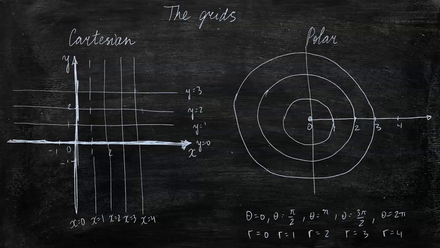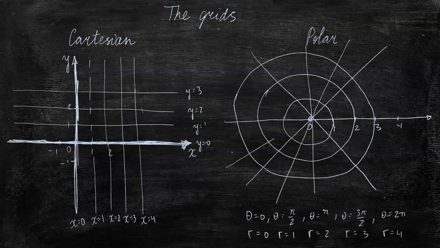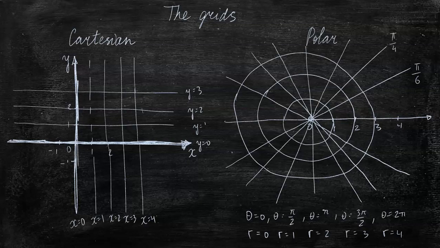So this will be pi over 2, this will be 0 and pi, this will be pi over 4, 3 pi over 4, or negative pi over 4, this will be pi over 3, this will be pi over 6, this will be 2 pi over 3, and this one will be 5 pi over 6, and so on. If you've taken trigonometry, you should recognize all of these angles. But anyway, this is what the grid looks like.